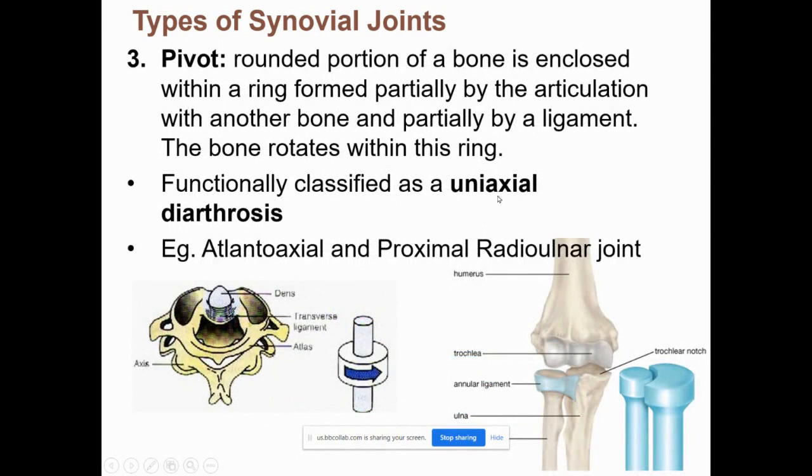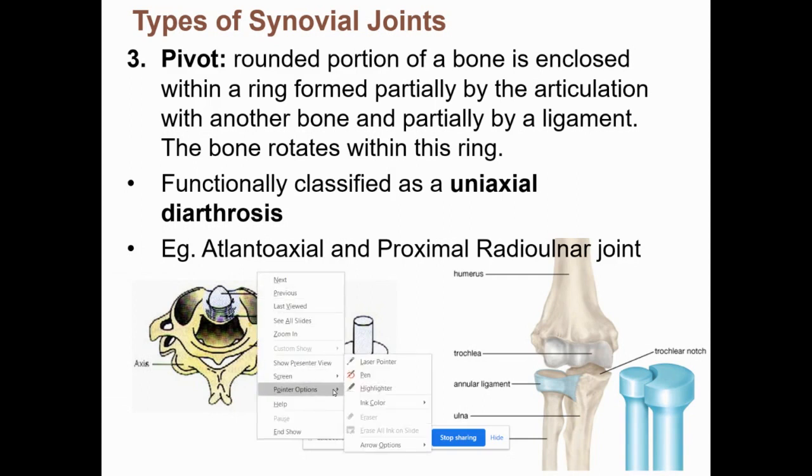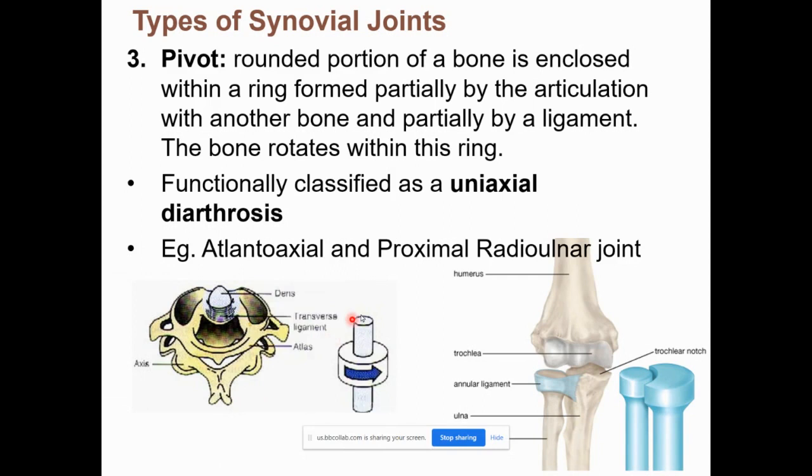Another uniaxial joint that only moves in one plane are pivot joints. And this uses the transverse plane. And this is when one bone rotates on another. And we have 2 good examples of synovial pivot joints, which we should know the actual names of. So here's atlas.